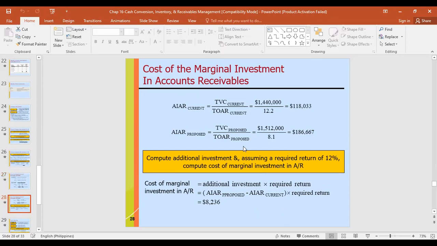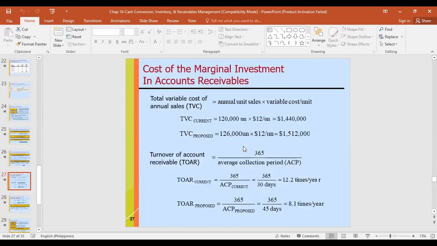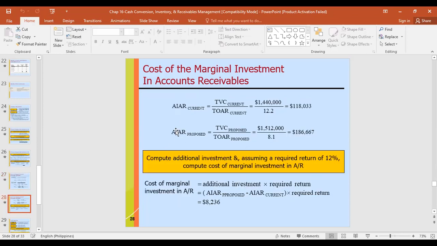So after we get our accounts receivable turnover for current and proposed, let me go back, again, turnover. Then we use that for our respective computation, which is annual credit sales, both current and proposed, divided by the turnover for each.